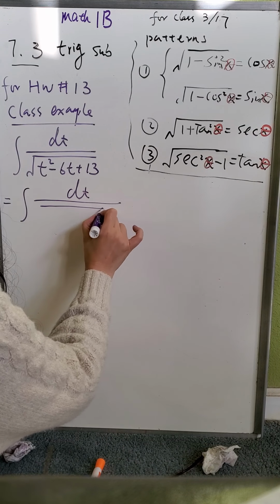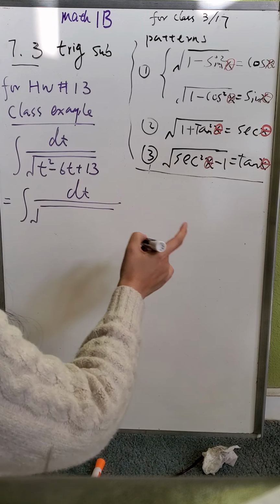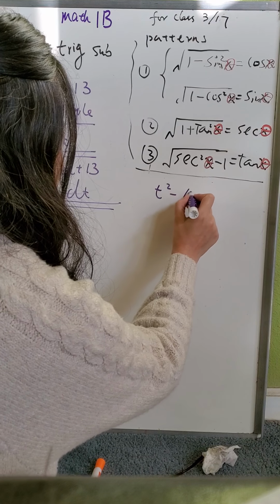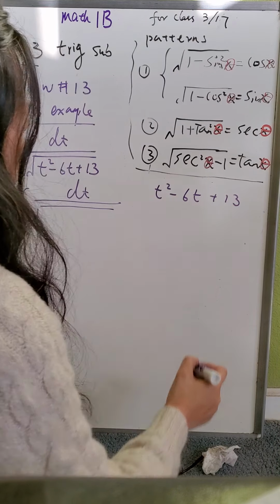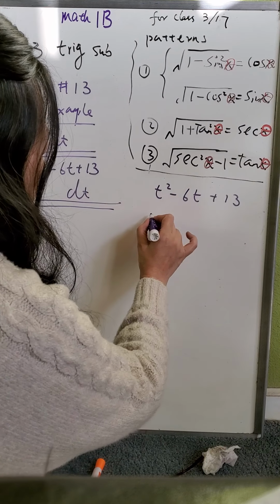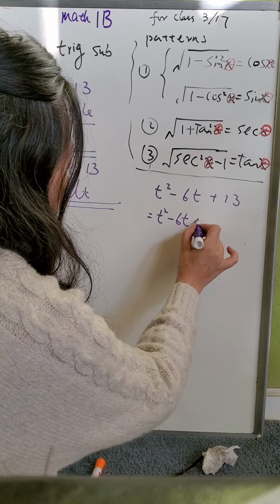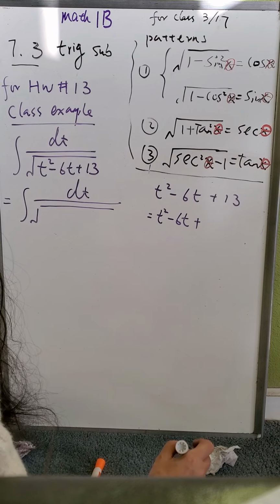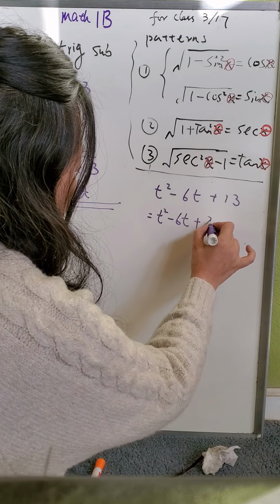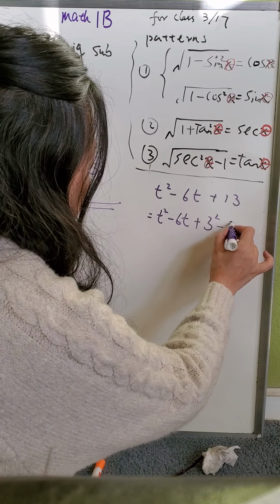So what we do is complete this as a square. I'm going to do it outside. I say t squared minus 6t plus 13. I want to know if I can make something that looks like any of these. That's equal to t squared minus 6t, and I need to add something here. I'm going to add half of 6, so that's 3 squared. And because I add something, I need to subtract that also.